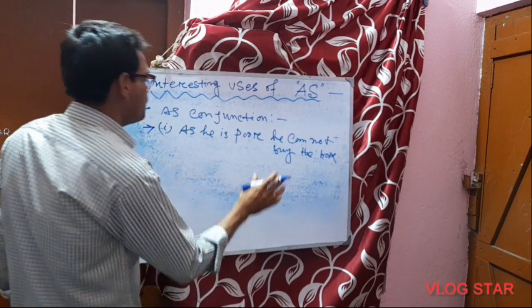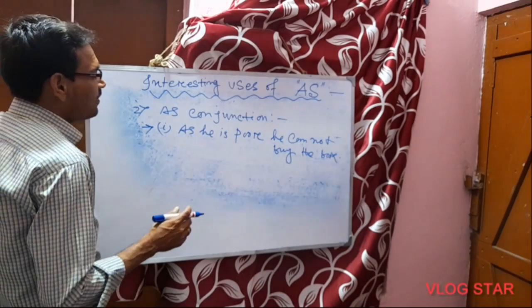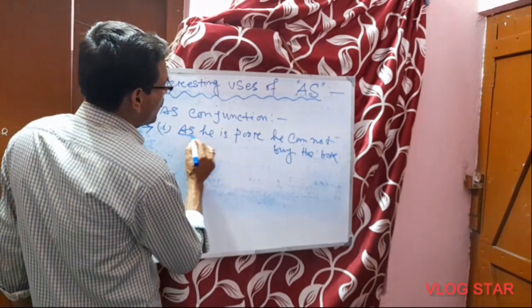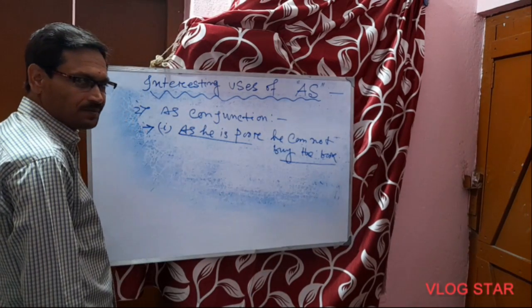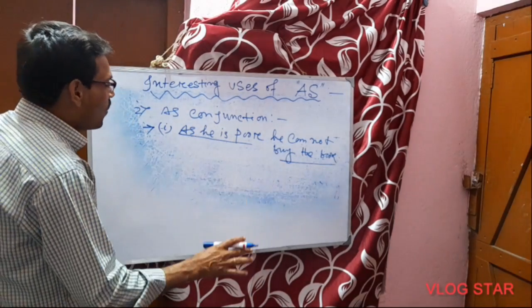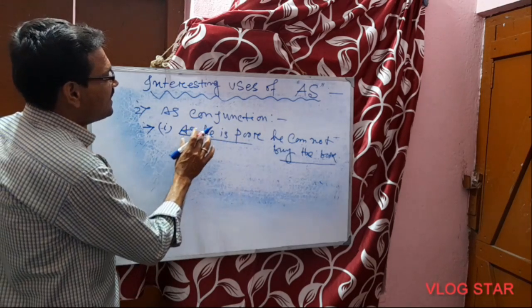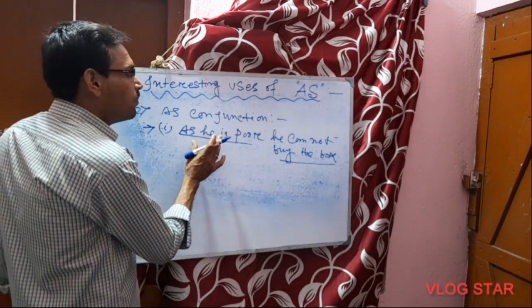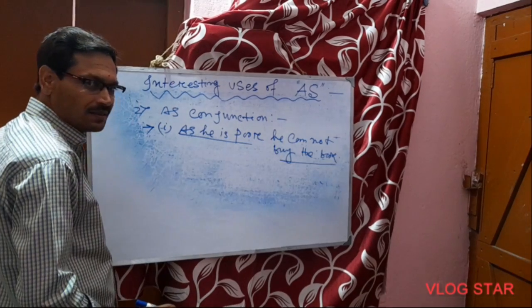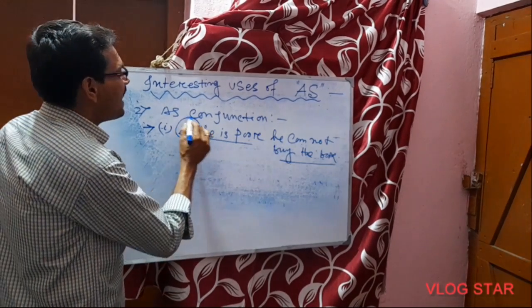Now consider, এটা যদি মনে করো, মানেটা এরকম দাঁড়াবে যে যেহেতু সে গরিব তাই সে বইটা কিনতে পারে না। ওকে, or as he is poor he cannot, তার মানে কি গরিব বলে সে কিনতে পারে না। এখানে as এর অ্যাপ্লিকেশন, as a conjunction.